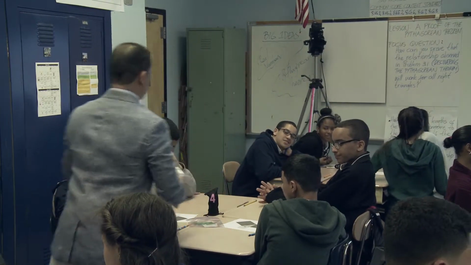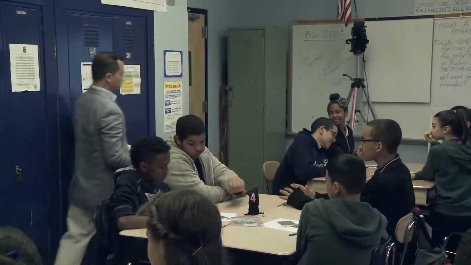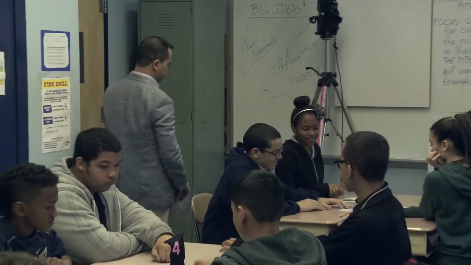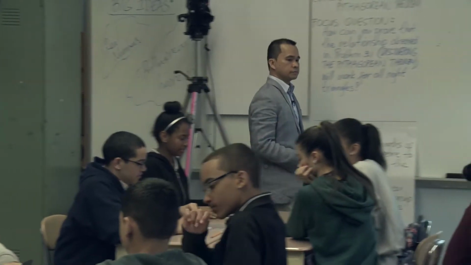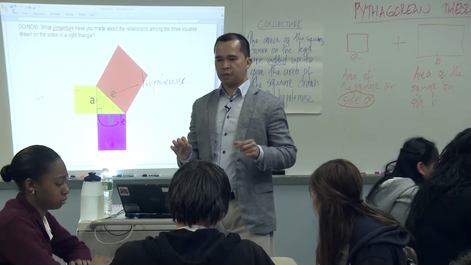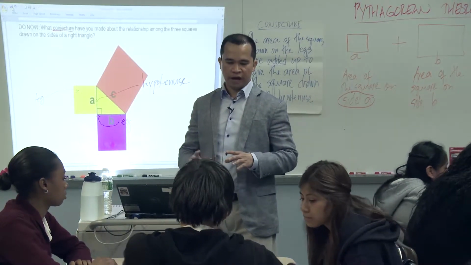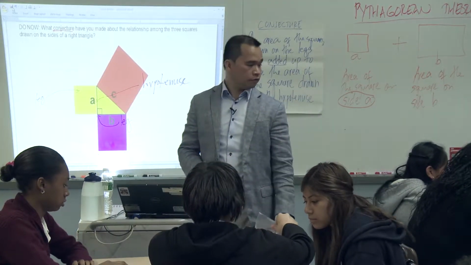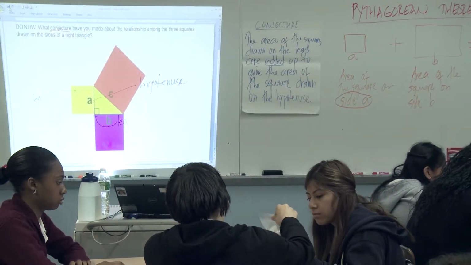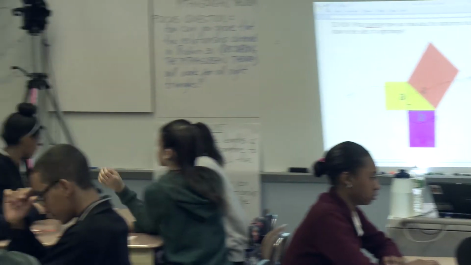The first thing I need you to do in your group is take out all the pieces. I know you are all responsible, so I didn't assign specific roles for each member in the group, but we'll see. If I notice that some of you are not engaged, then I'll do something about it.